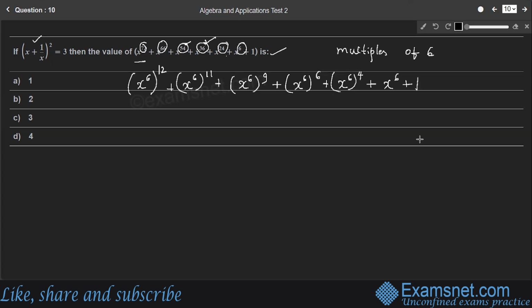So the given expression can be written like this, since we are using the simple concept of a raised to m whole raised to n is a raised to m into n. Therefore, first we need to find the value of x raised to 6 using the given relation. Side by side, we'll write the given equation, x plus 1 by x the whole square is equal to 3.